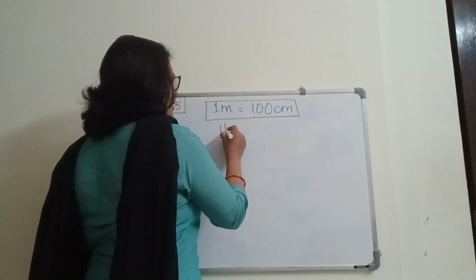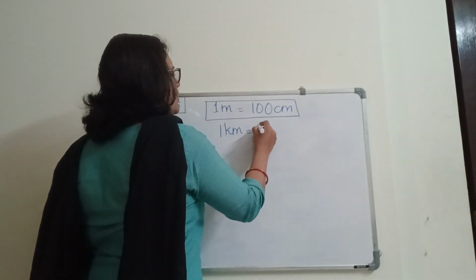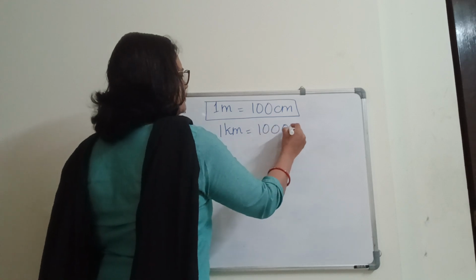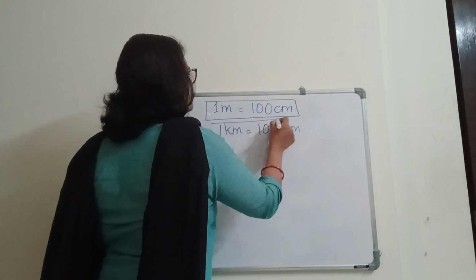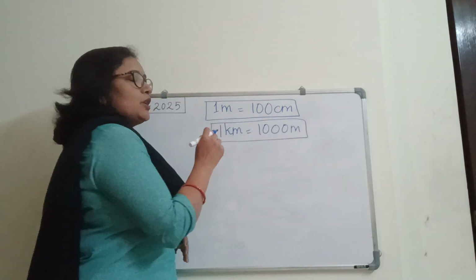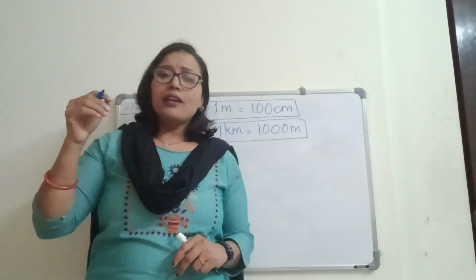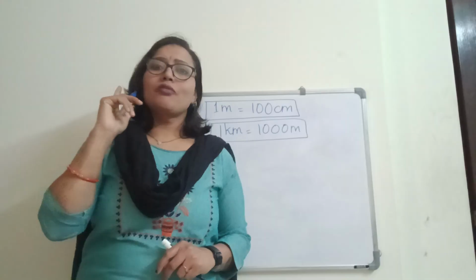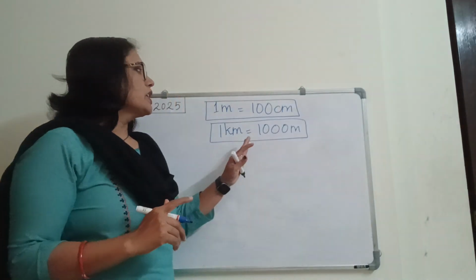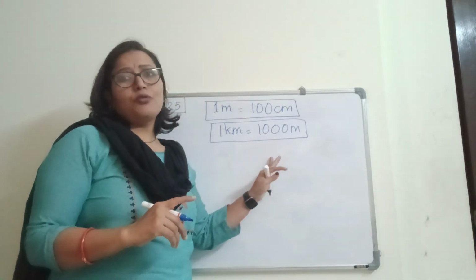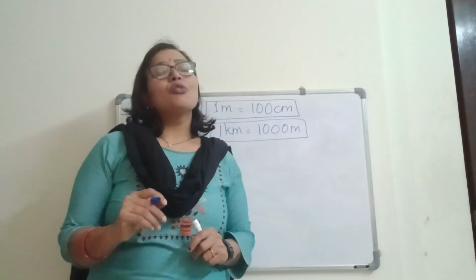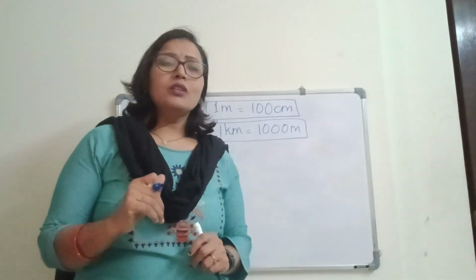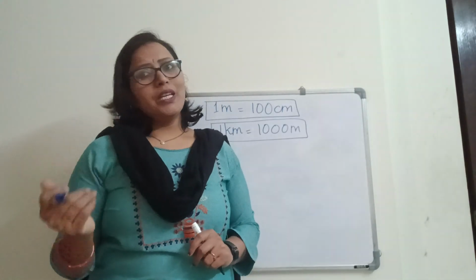So 1 meter equals 100 centimeter. This is the standard formula. And 1 kilometer equals 1000 meter. When you count 1, 2, 3, 4 like that up to 1000 meter, that makes 1 kilometer. These are the two standard formulas we use for conversion from centimeter to meter and meter to kilometer.